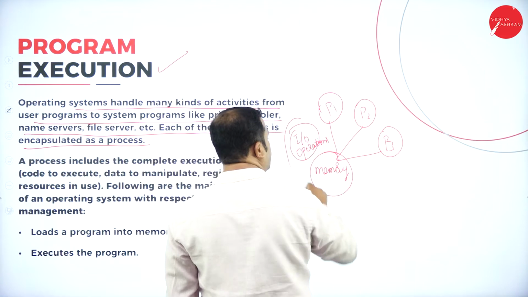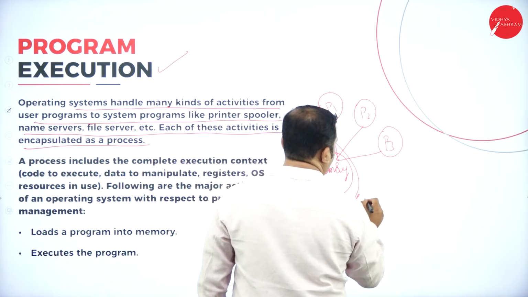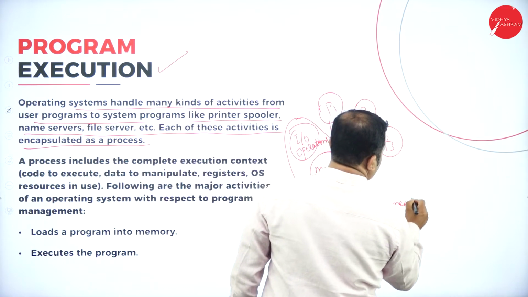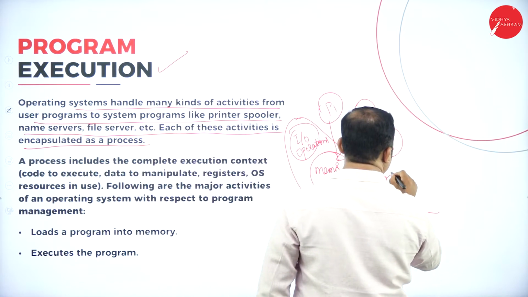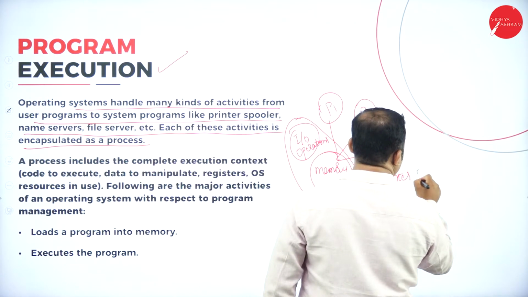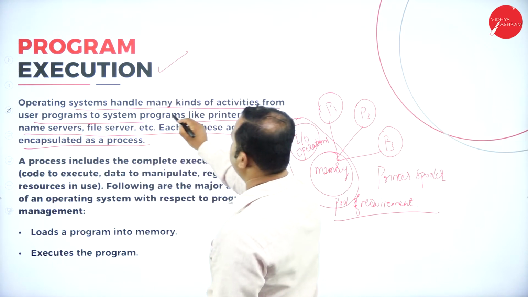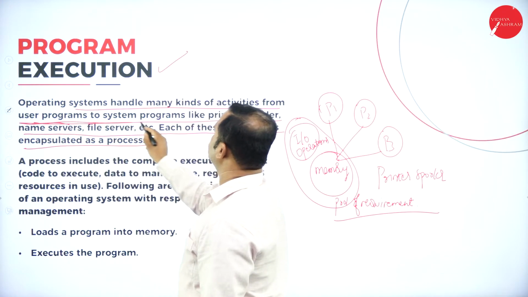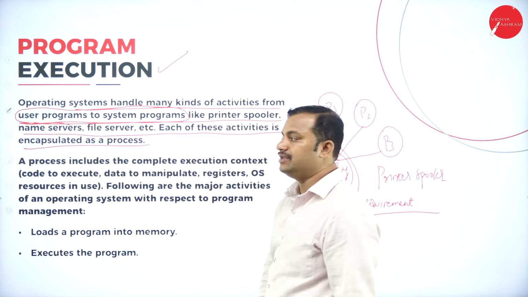Then it has to be kept in a pool of data, a pool of requirements. That is called a printer spooler. So I'm using the words user programs to system programs here.